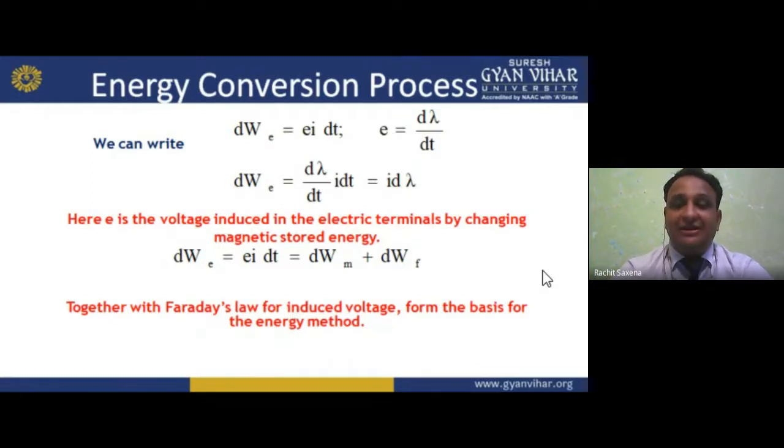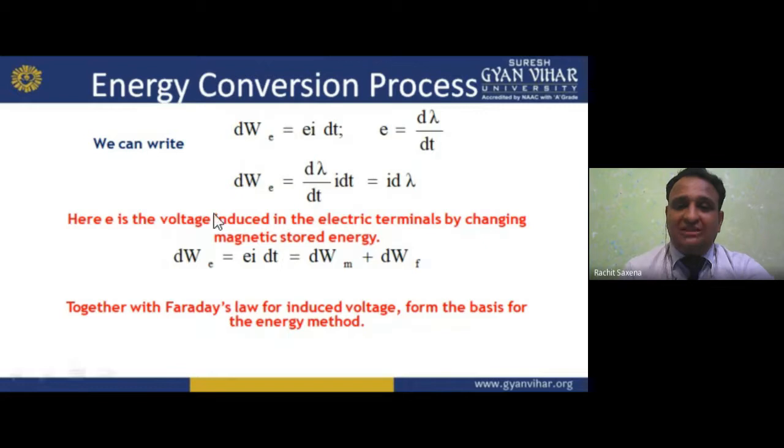Placing the values in the equation, dWe equals d lambda by dt times i dt, which is i d lambda, because dt cancels out. Here E is the voltage induced in the electrical terminals by changing the magnetic stored energy.